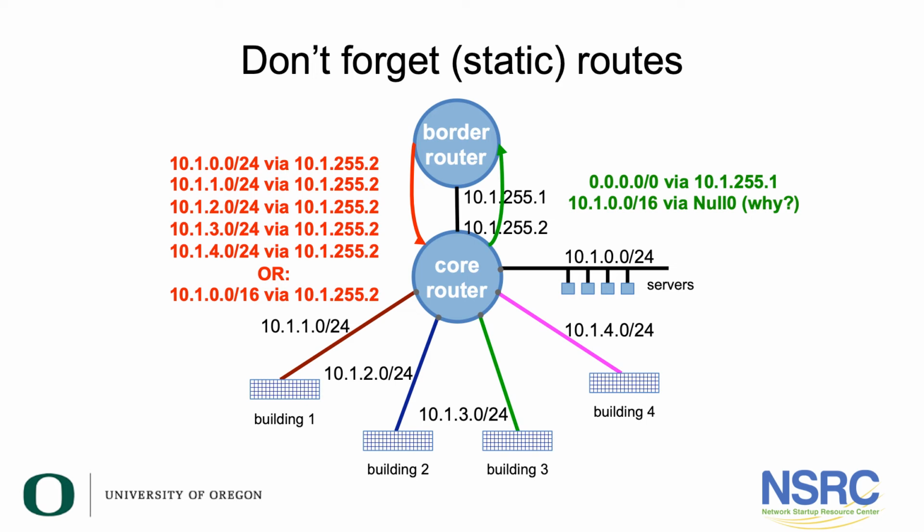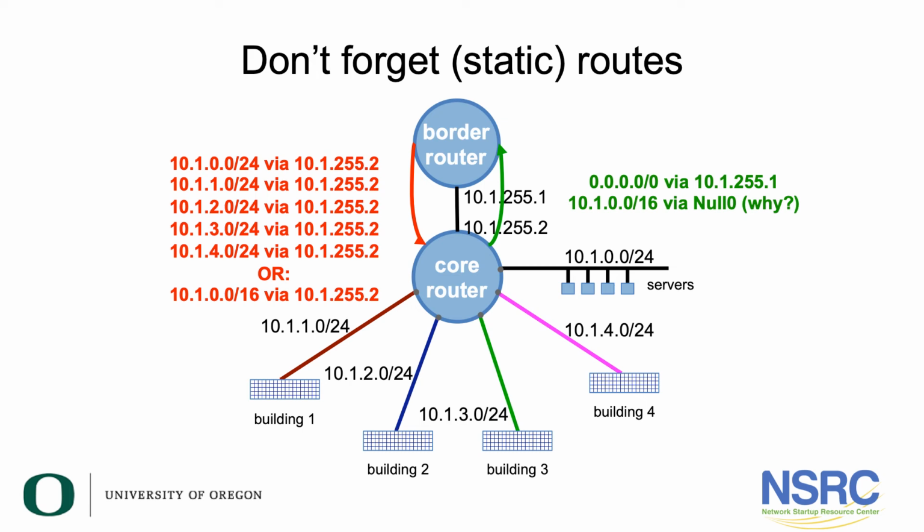If a packet arrives at the border router with a destination of 10.1.20, it will send it down to the core router. Now the core router is directly connected to each of these devices, and it does not know what to do with a 10.1.20 until somebody creates a building 20. So it's going to use the default route to send that packet back to the border router.